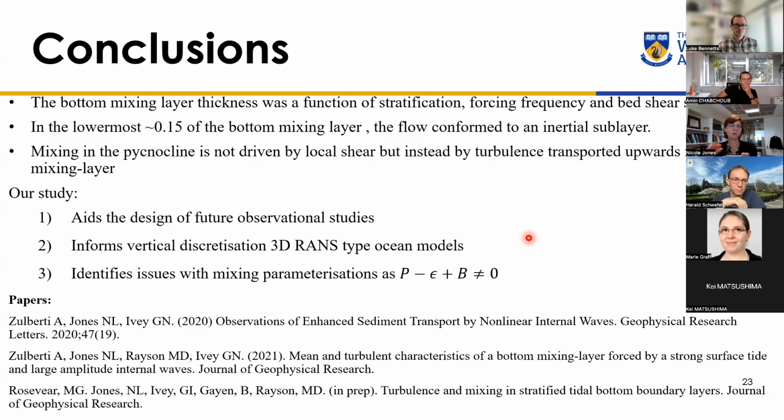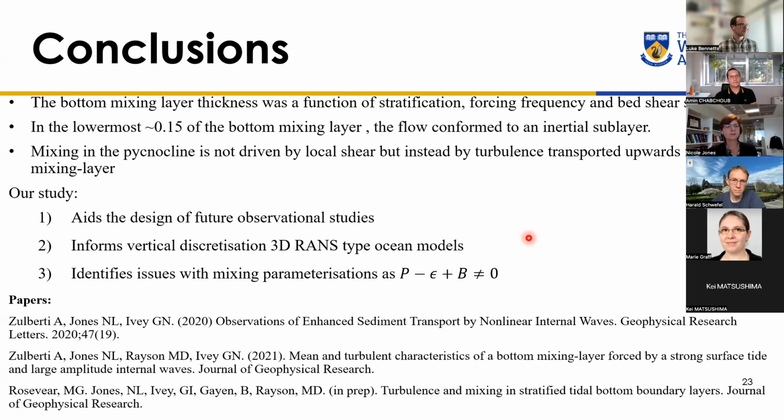And importantly, we found that the mixing in the pycnocline is not being driven by the local shear, so not that shear production of turbulence, but it's actually being mixed by the turbulence that's created at the bed and then transported upwards from the bottom, and then works on that, increasing the height of that pycnocline.